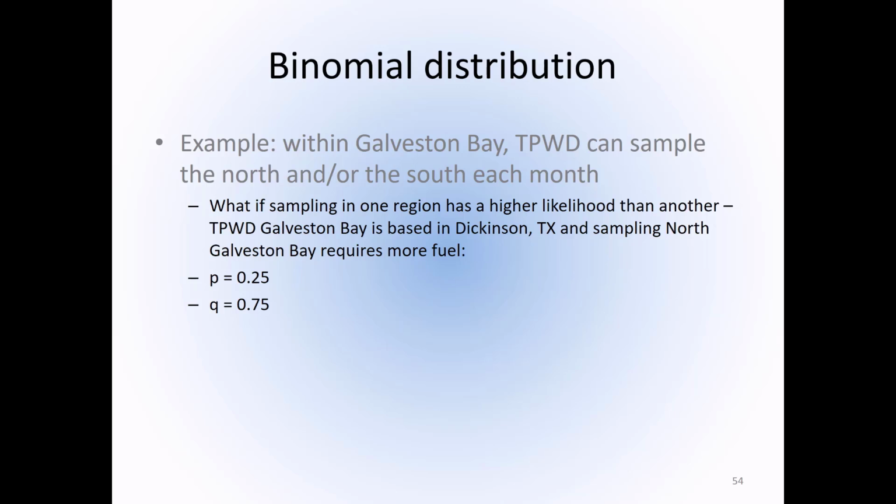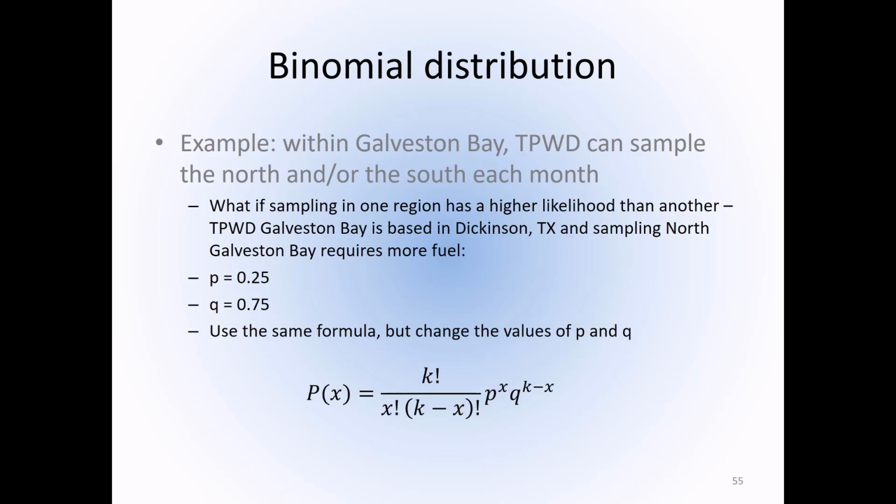Again, the total probabilities for all possible events needs to equal 1. Well, we can use the same formula. We can use the same values for k, we can use the same values for x. We just need to make some substitutions for p and for q to account for that change in probability for each one of those potential events occurring.